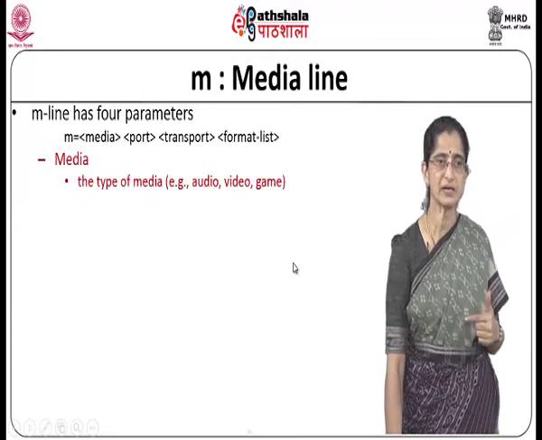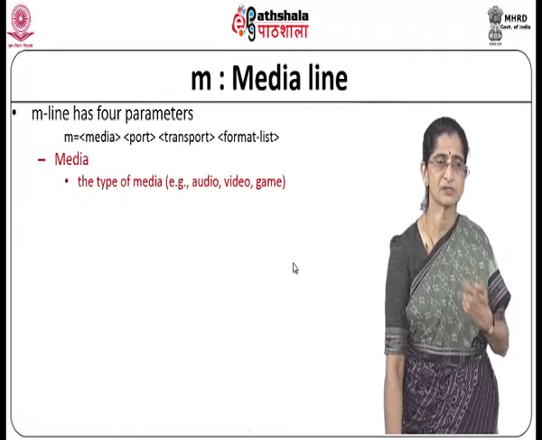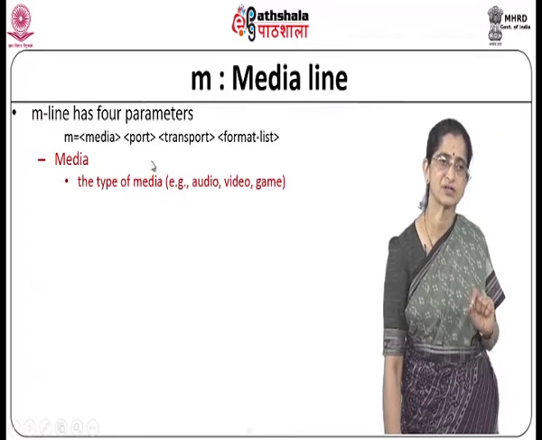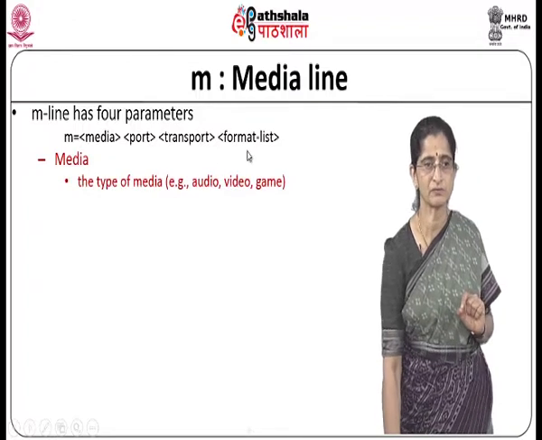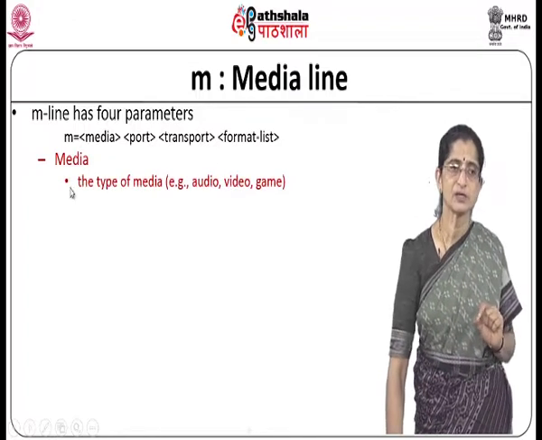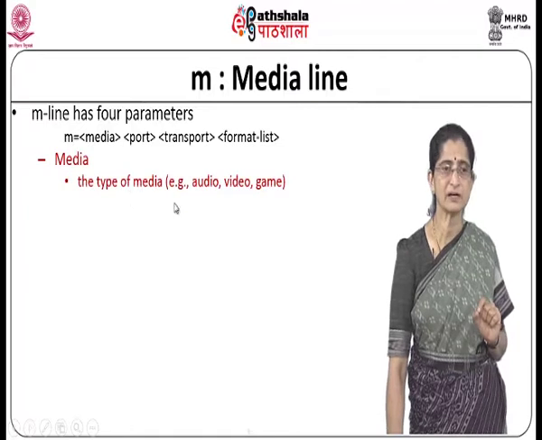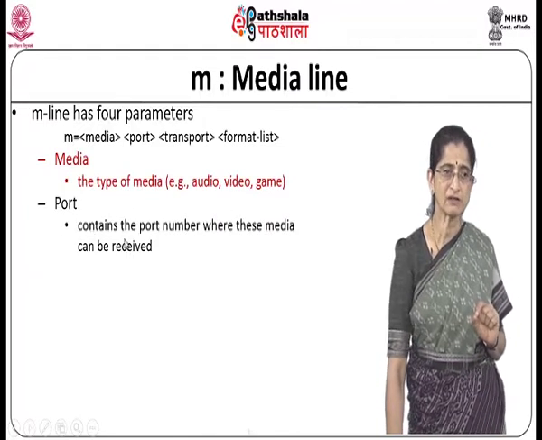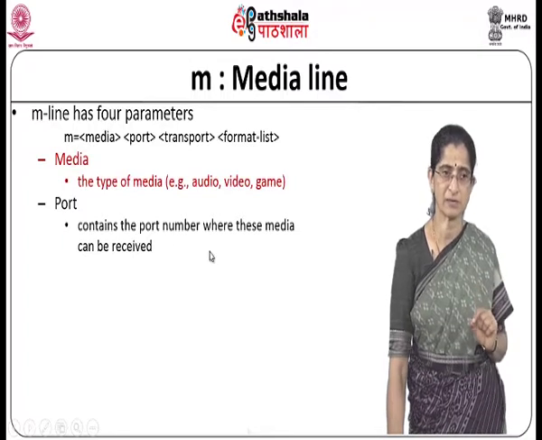So if there is a media line, this is an important parameter, so we will just take a look at that. So the M line will have 4 parameters. It will have the media information, port information, transport information, and the format list. So it will give you the type of media, namely whether it is audio, video, game, and so on, and the port number, that will tell you the port number where this media can be received.